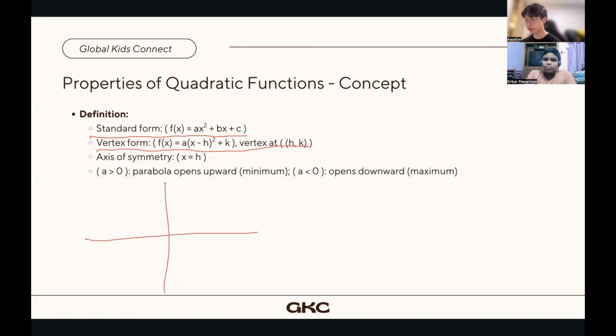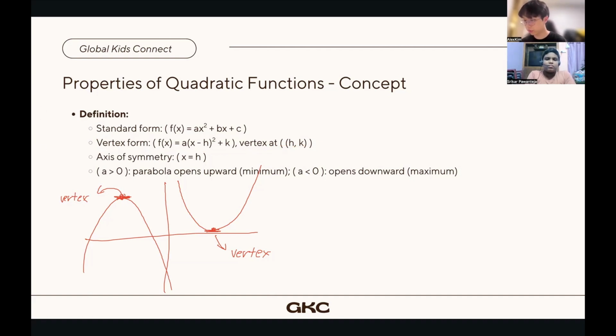What we mean by vertex is that if we had a quadratic function that looked like this, then the lowest point, or in our case, the minimum, will be this quadratic equation's vertex. The same is true for the parabolas that open the other way. The maximum, the point at which there is a maximum value, is also called the vertex. And so we are able to find the vertex when it is written in this form.